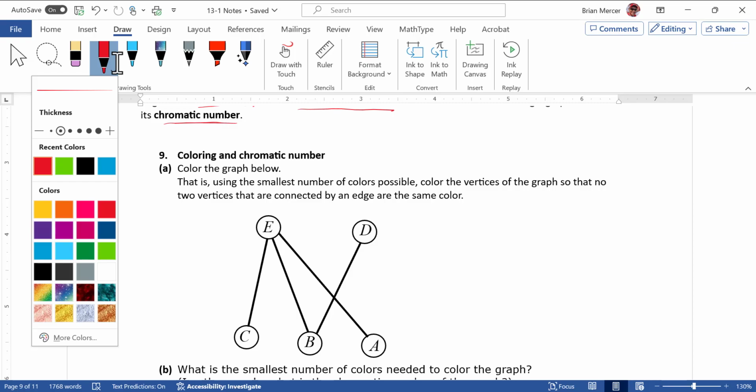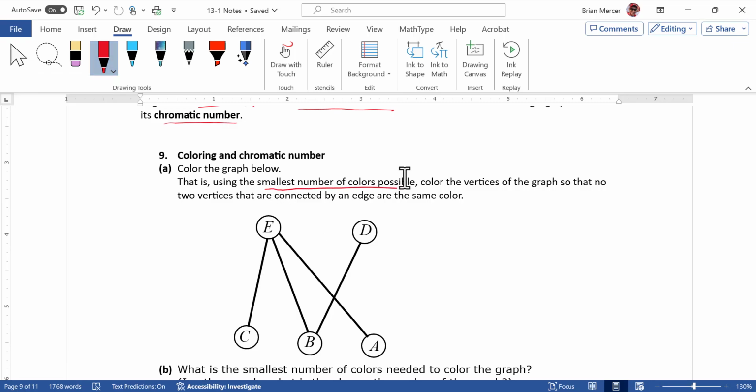One smart strategy is to start with the vertex that has a large number of edges on it. So I'm going to start with E, and the point is to use the smallest number of colors possible. I'll color E red.